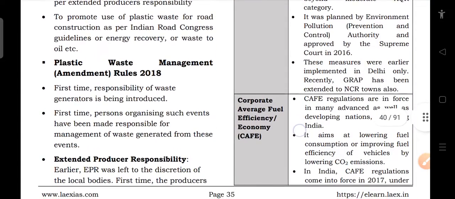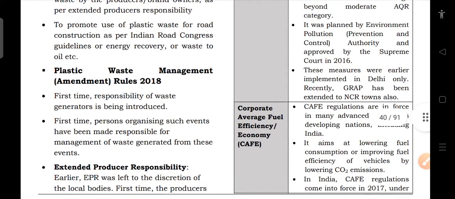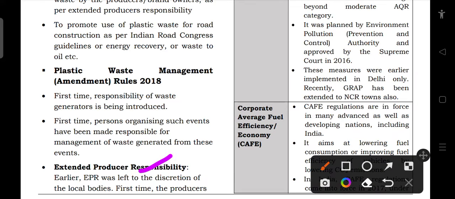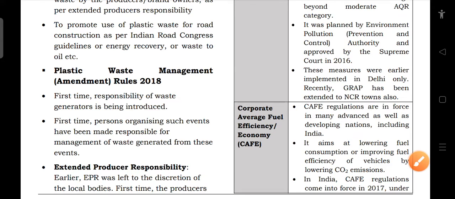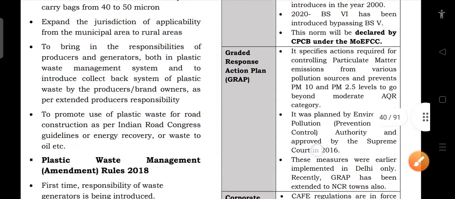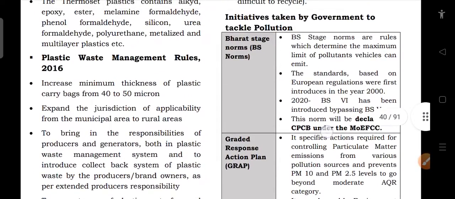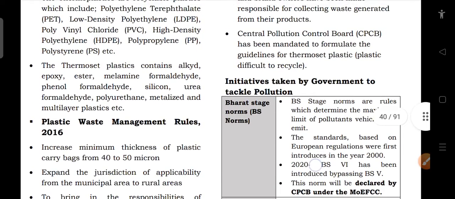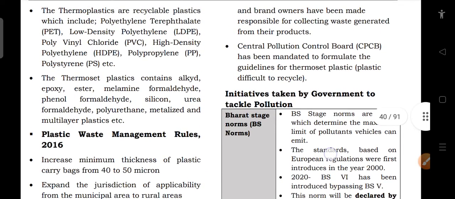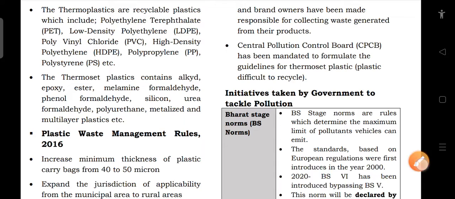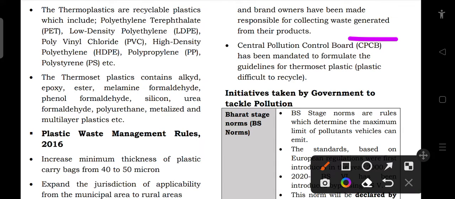Now what is EPR? Earlier it was left to the discretion of the local body. Now the amendment rule, for the first time, recognized the producers and the brand owners as responsible for collecting waste generated from their products.